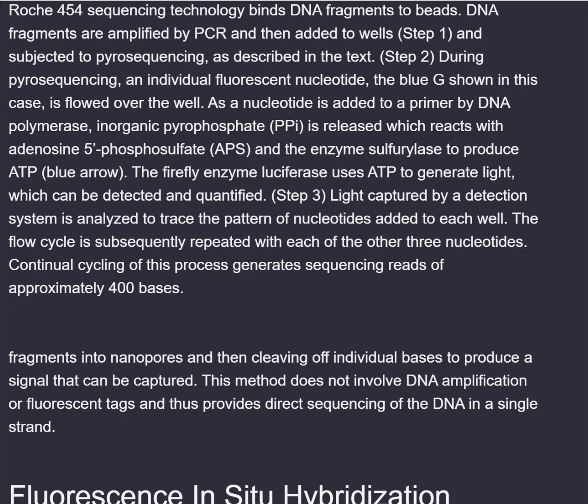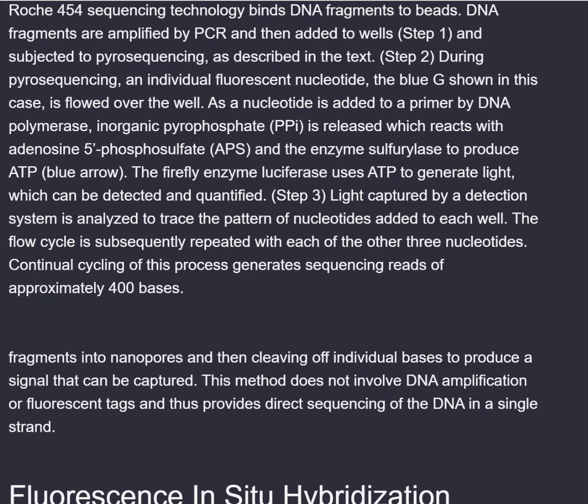Step 2, during pyrosequencing, an individual fluorescent nucleotide, the blue G shown in this case, is flowed over the well. As a nucleotide is added to a primer by DNA polymerase, inorganic pyrophosphate, PPi, is released, which reacts with adenosine 5'-phosphosulfate, APS, and the enzyme sulfurylase to produce ATP, blue arrow.